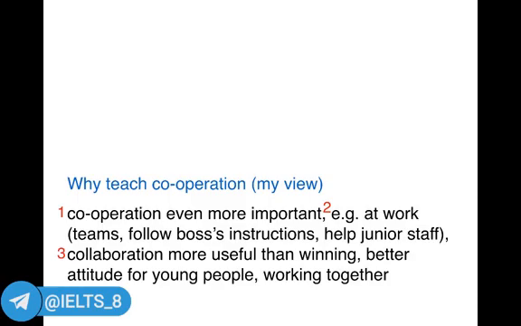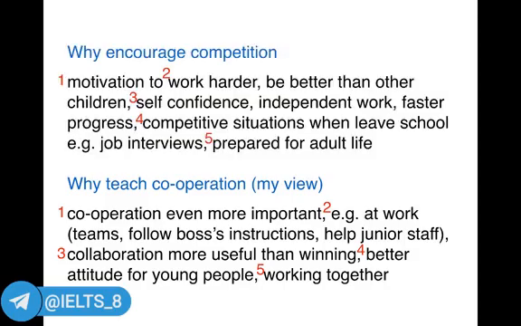So for young people, it's better to teach them this cooperative attitude. And we'll finish with an idea that we get children working together because that's what they're going to do later in life. So that's the full plan there with numbers, and that's what we're going to use to write our main paragraphs in a moment.